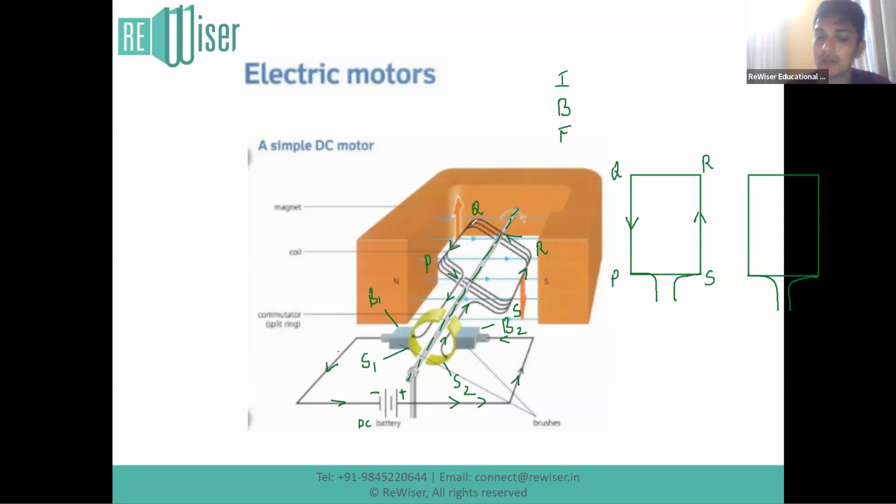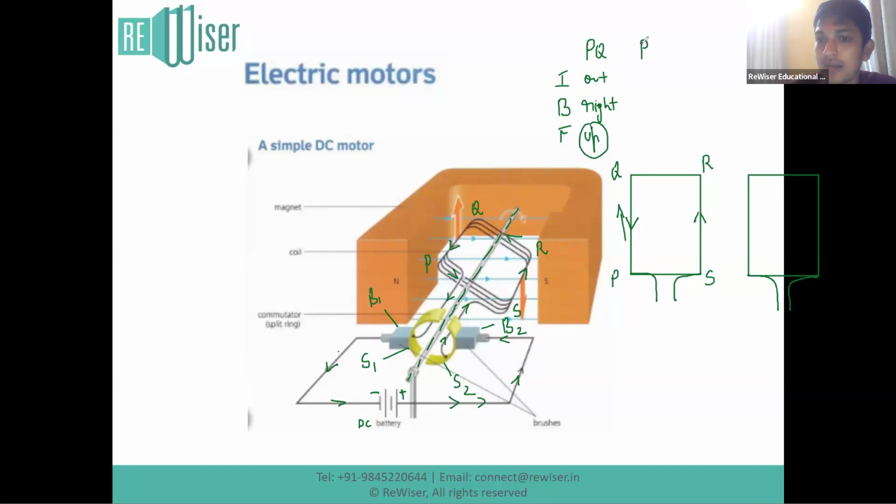For PQ, assuming front as my point of view, current is out of the page and magnetic field is north to south, that is to the right. So through Fleming's left-hand rule, current out of the page, magnetic field right, force is upwards. So force acts upwards here.